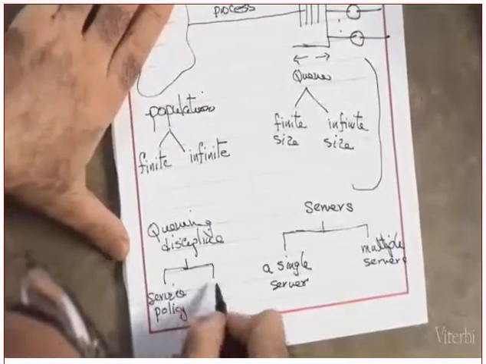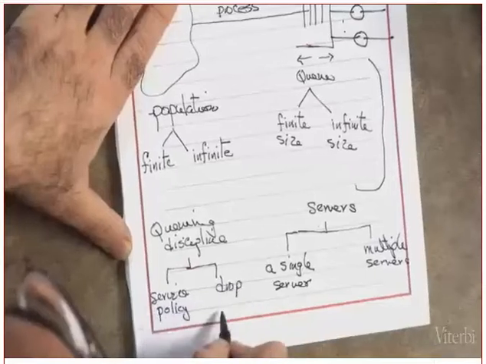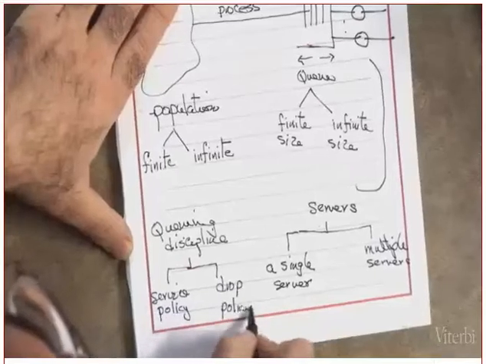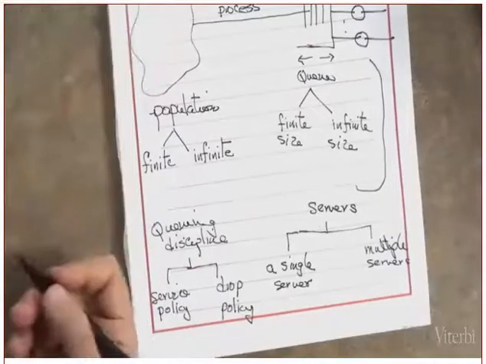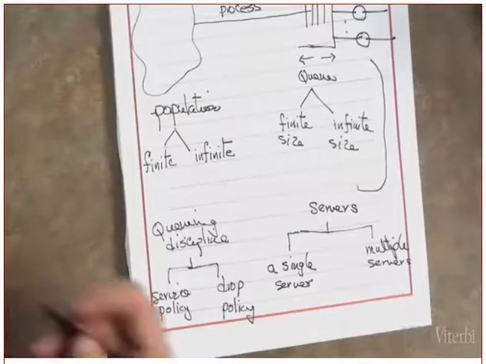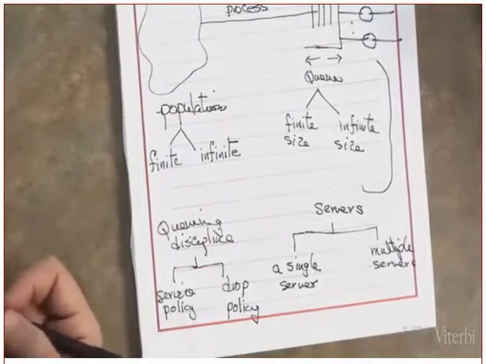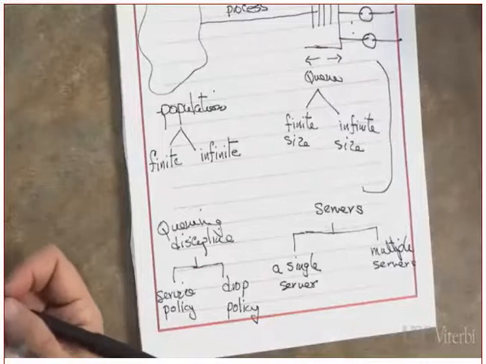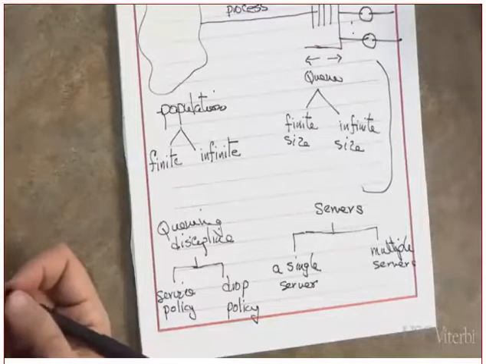And the other one is the drop policy. What does the service policy mean? The order of the packets being served. For example, first come, first serve. That's what is called the queuing discipline.